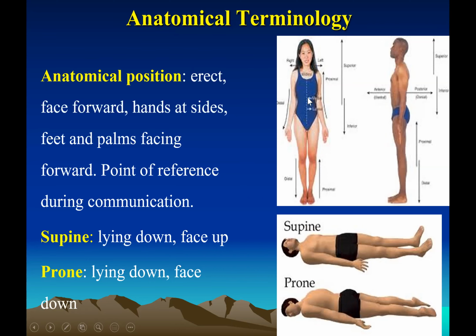This is the correct anatomical position, and it will be used as a point of reference during communication. It is assumed that when you are referring to the patient, you're talking about the patient in anatomical position. Supine would be lying down face up, and prone is face down.